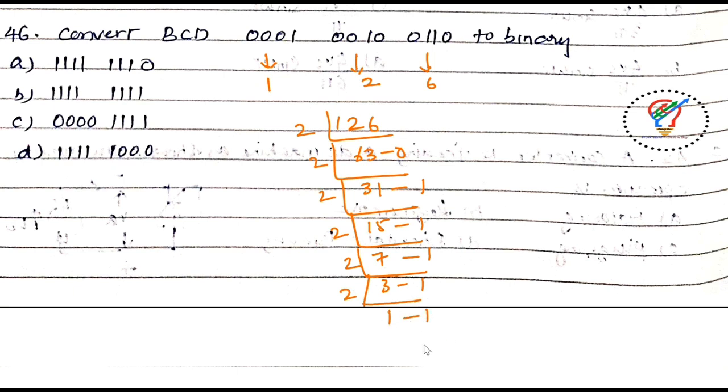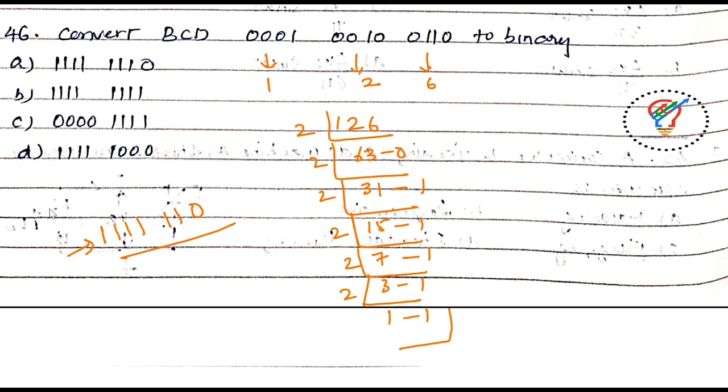If you go in this manner, the code will be 1 1 1 1 1 1 0. See here, 1 2 3 4 5 6 7. The answer will be 1111110. But in the given options there are 8-bit codes, while the question needs a 7-bit answer.